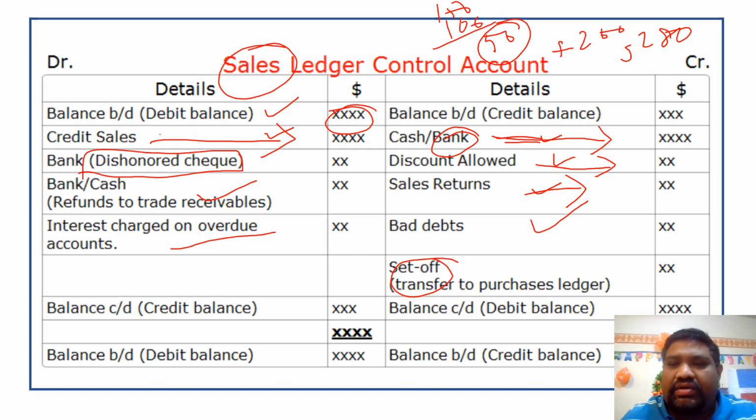This control account is prepared. What is the reason for preparation of this control account? To check any errors that occurred in the ledger. Got it? Sometimes we may miss some transactions and sometimes we may write the numbers in some other order. So we need to find out whatever we received and whatever we paid and whatever we supplied, everything we should have the clear information. For that purpose, we are maintaining this sales ledger control account.